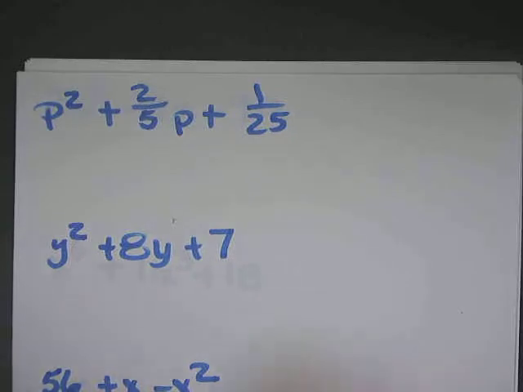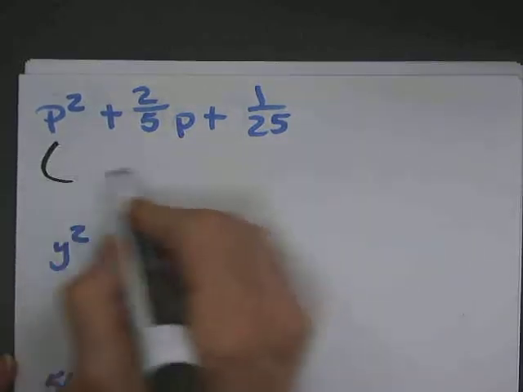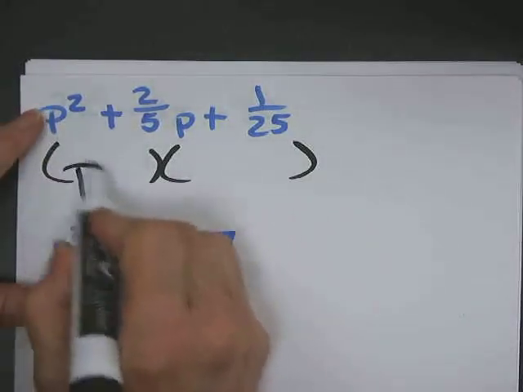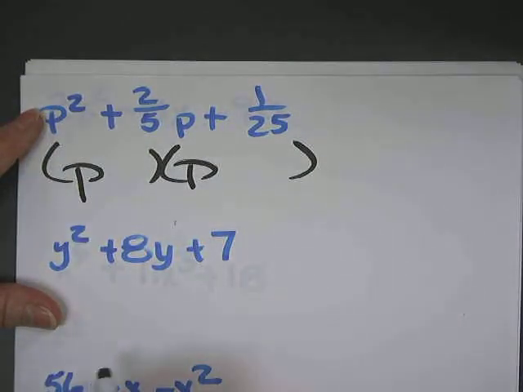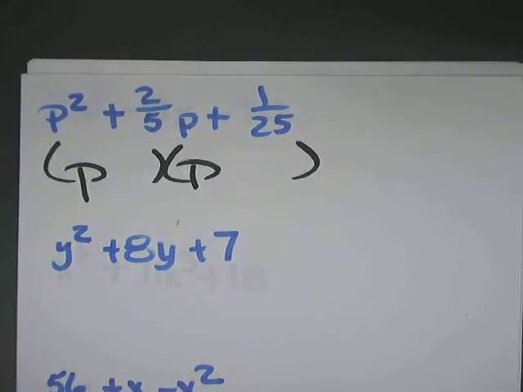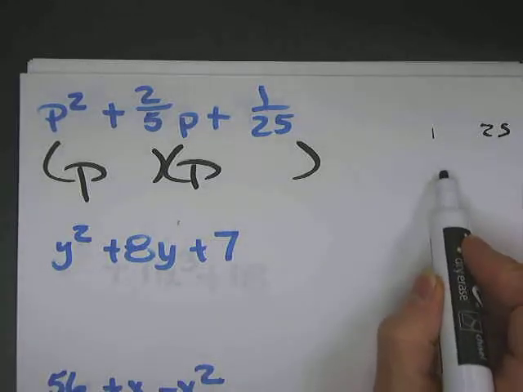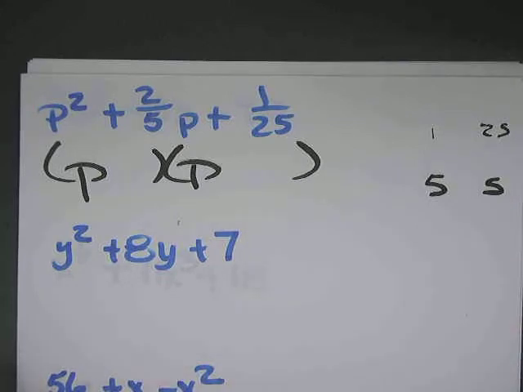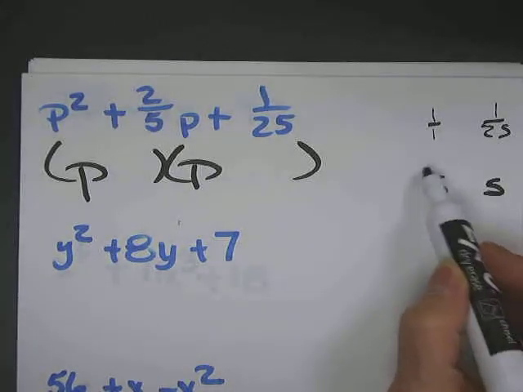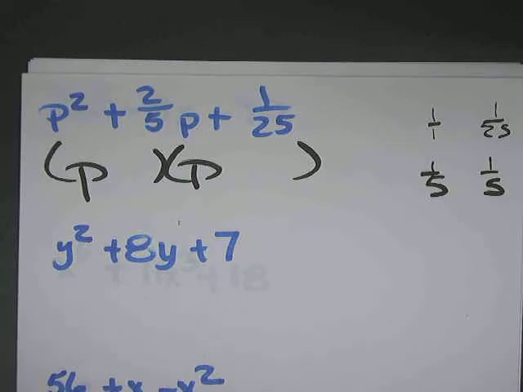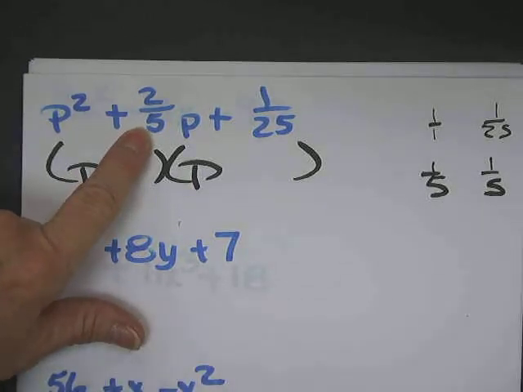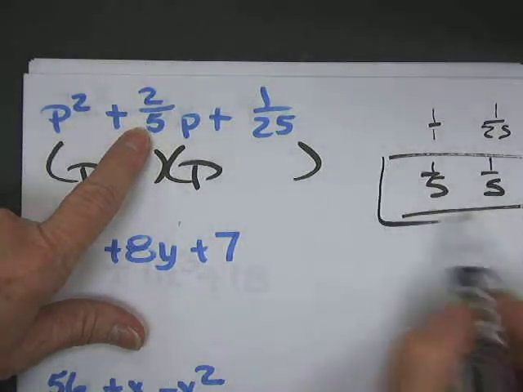Of course it has to be a little harder, right? Anything in common? No. Okay. P squared is P times P. How are you going to get 1 over 25? 25 is either 1 times 25 or 5 times 5. You would have to put these into fractions to make it really 25's on bottom. 5 times 5.